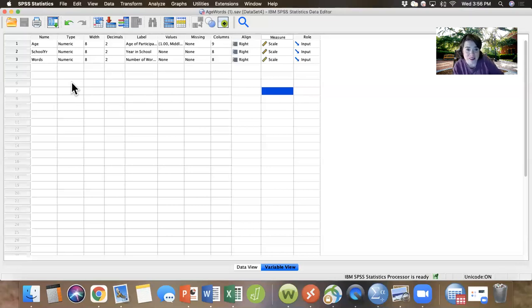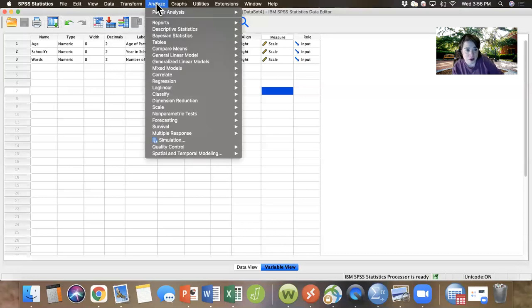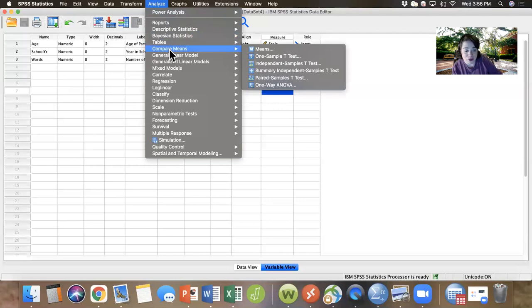So how do we set this up in SPSS? How do we tell SPSS to run an independent samples t-test? Well, we go to the Analyze menu, the same menu that we go to for most of our tests, and we go to Compare Means, okay?